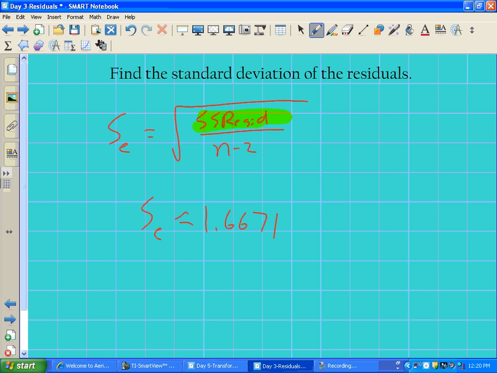Now, how does this match? Why is this valuable? Here's the application. If I have this predictive model, when I plug it into our formula, it is going to predict some value here. Does that make sense?